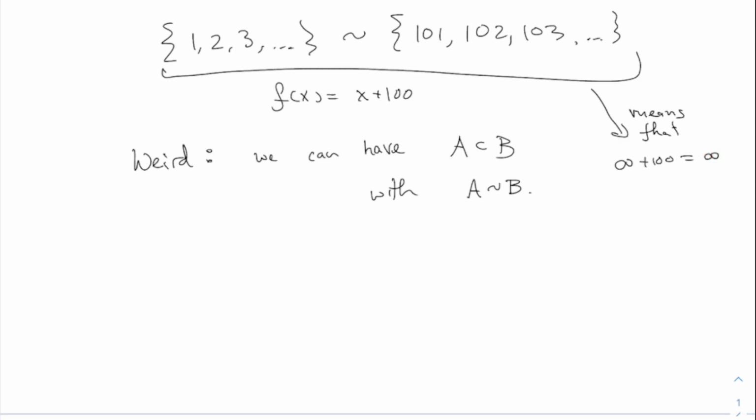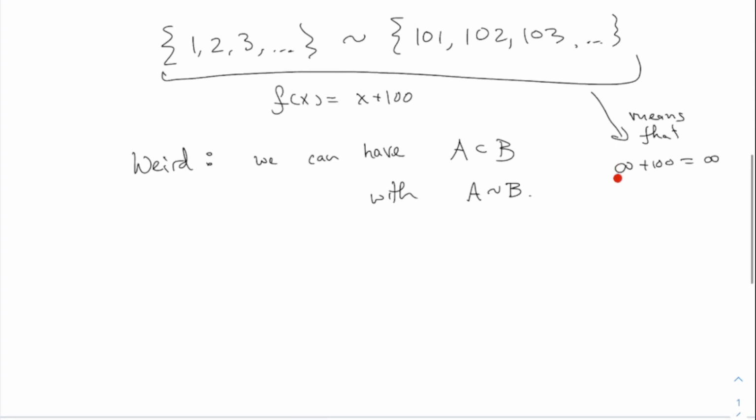This infinity is a generic symbol, usually used for the hypothetical end of the real number line, but it's not specific enough, in that it doesn't specify exactly which infinity I am talking about here. So a more accurate way of saying this is something like this: the number of elements of n plus 100 is equal to the number of elements of n.